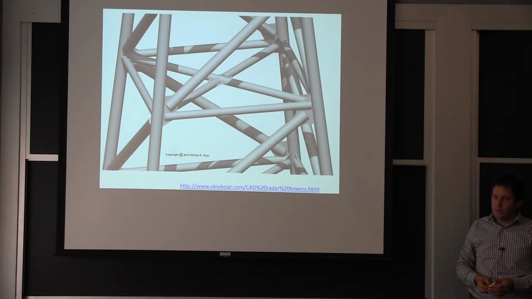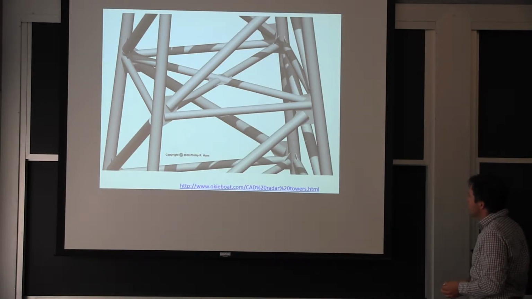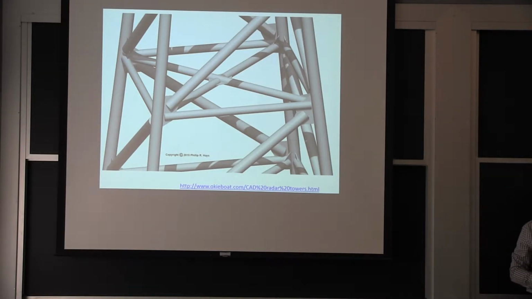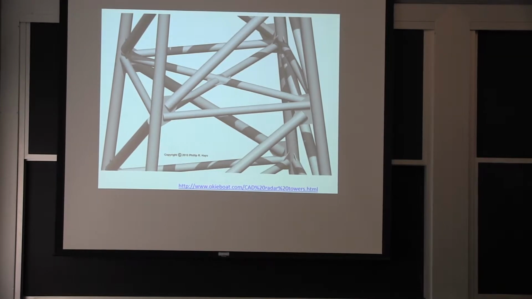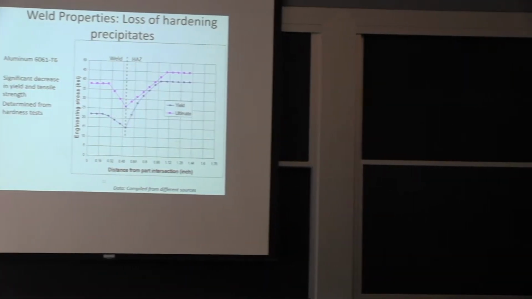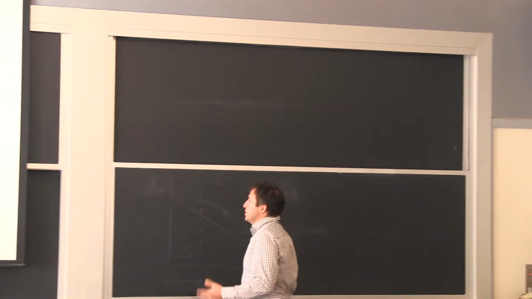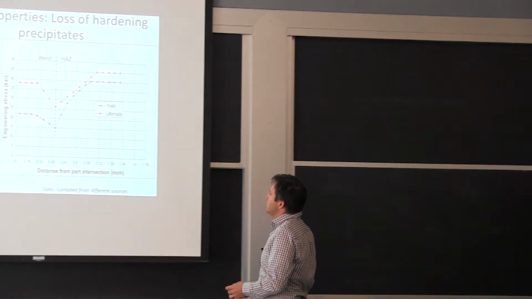So it's used a lot for tubular structures. It's what will give you the best fatigue strength if you're going to have any variations in load over time. And again, the reason we do it is this reduction in strength of the aluminum and steel, but right now we're talking about aluminum when you weld.